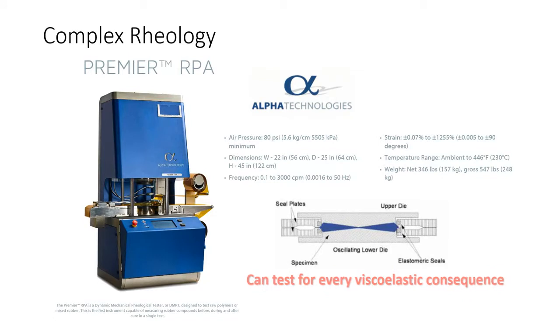And what we can do is look at this from a simulation point of view and test every viscoelastic consequence with this machine giving us feedback. If we give it a certain shear at a certain temperature at a certain state of cure, then the machine can tell us what the viscosity of that is.